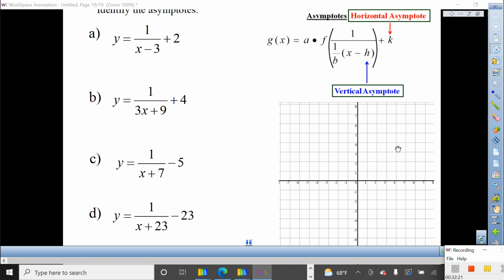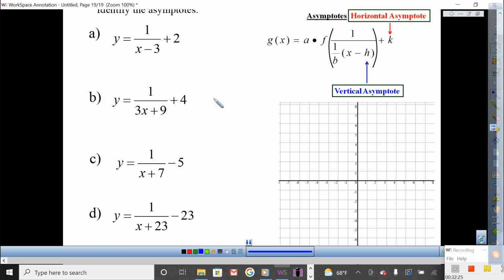Alright, let's see. Part B, Christian. Vertical asymptote, x equals what? Ricardo? Negative 3. Hands if you got that. That is correct.